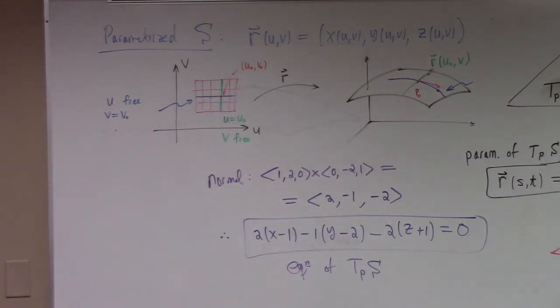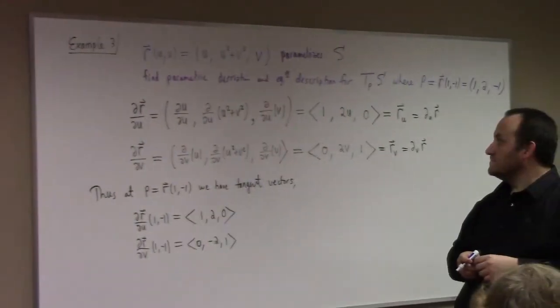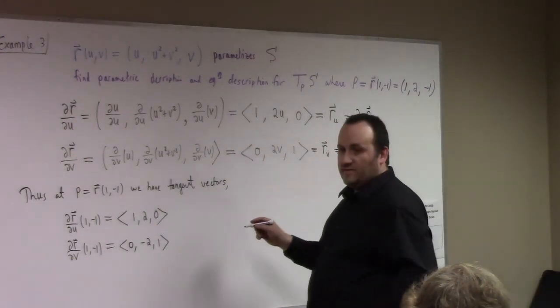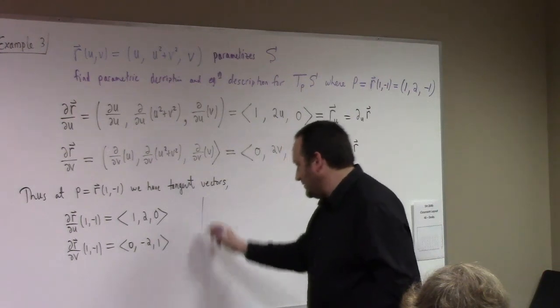All right, so then I will turn to the next page, which is how would we describe this surface as a level surface? Could you tell me? What is this surface as a level surface? So let me suggest this. We can look at this surface, right?